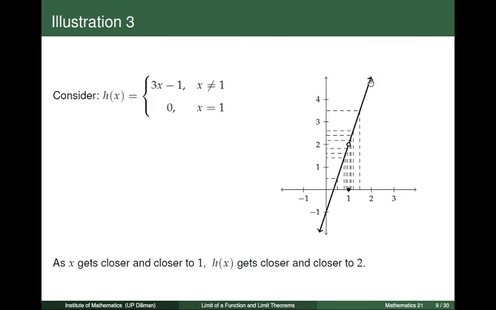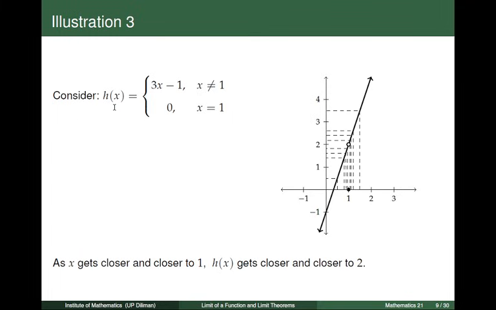So the graph of h is linear. There is a hole in the line at x equals 1, and we have the point corresponding to (1, 0), which corresponds to this part of the definition of h.